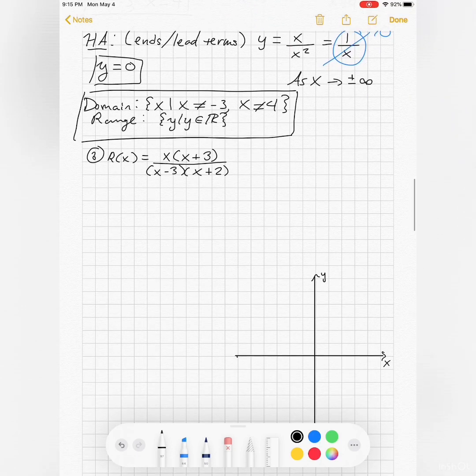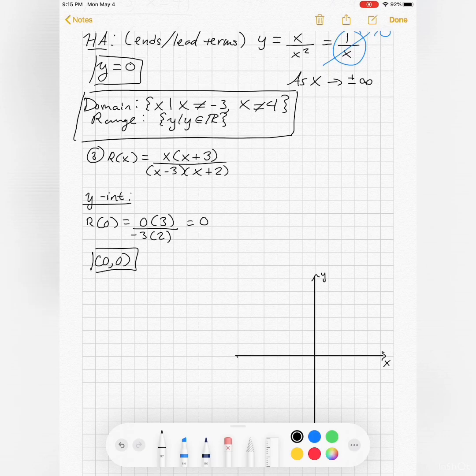Okay, let's do another one. Okay, this guy's already factored. Look at that. Let's get the y-intercept. To get the x-intercepts, I look at the numerator, the top, equal to 0.